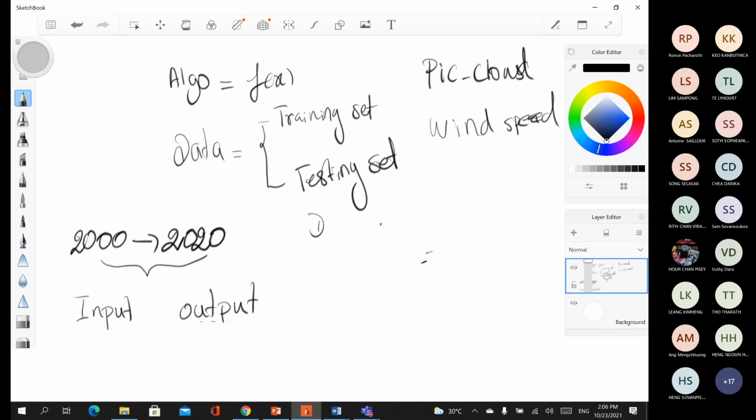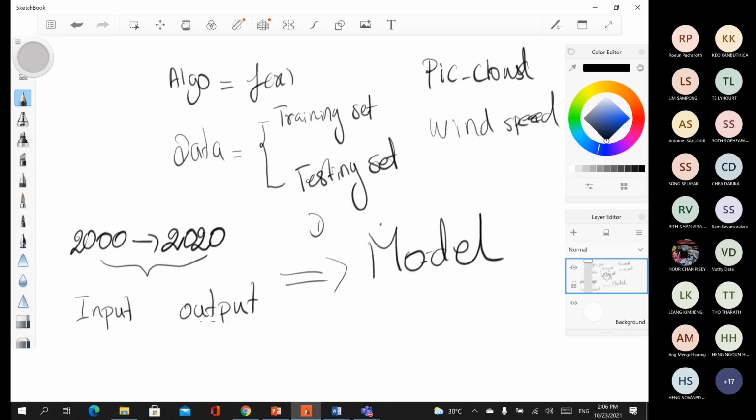For example, we have the data from the training set and the testing set. We take the training set and input it to our algorithm. After we input it and use the machine learning algorithm, we will get one model.